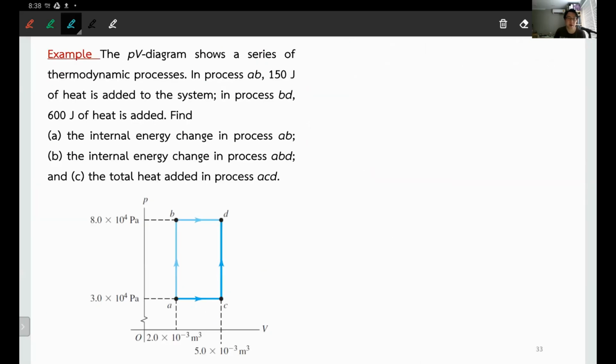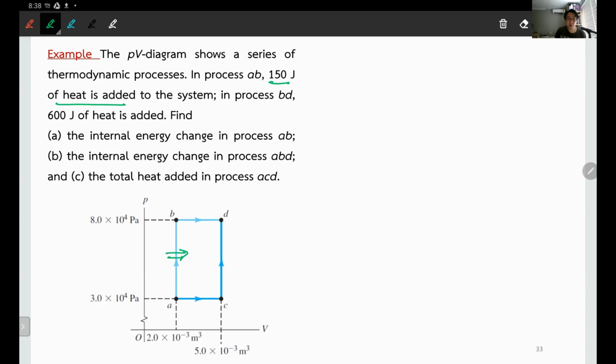All right. This one is a little bit more quantitative, and it's going to take a little more detail in calculations. So start with the PV diagram once again. You have a series of thermodynamic processes. You're going from A to B. So let's go A to B. And now you say that 150 joules of heat is added to the system. Just to show that there is some heat involved in this process, I can draw an arrow like this.